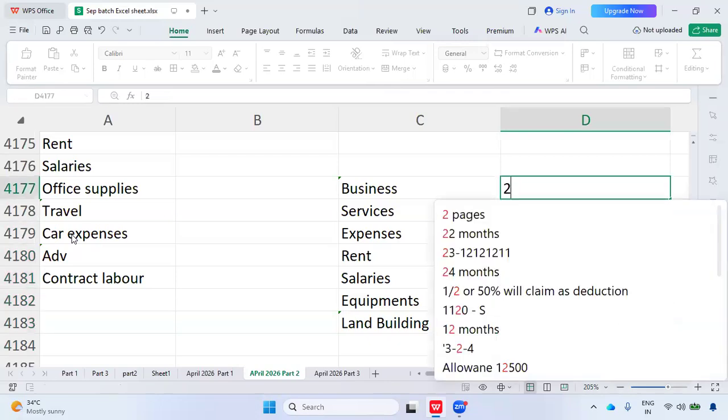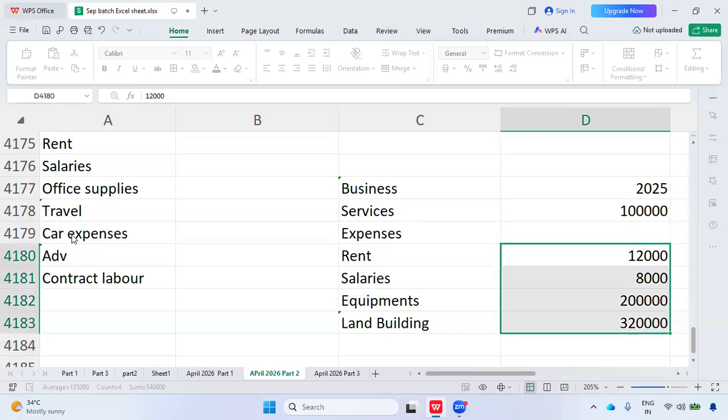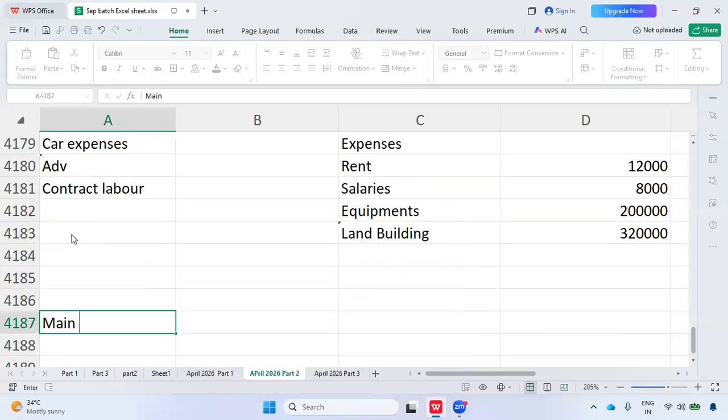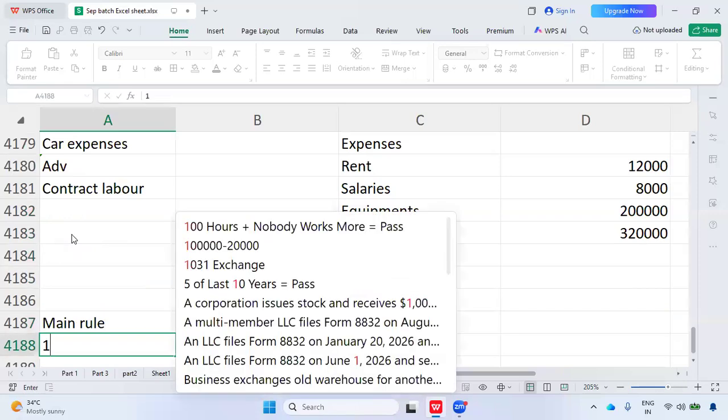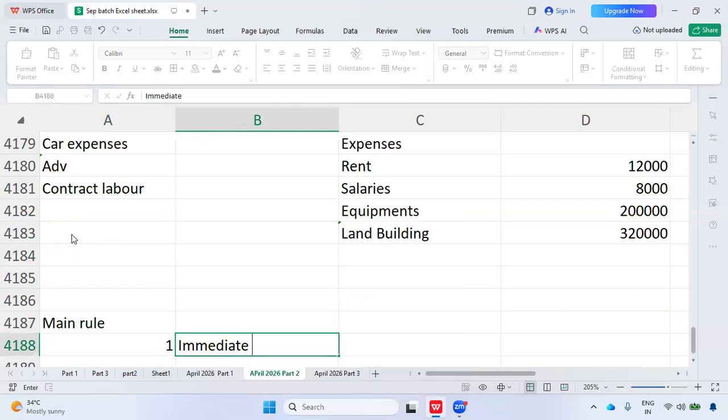Now we are talking about 2025. It is an expense we can claim, but not immediately. A few expenses we cannot claim immediately, and a few expenses we can claim immediately. For that, we need to see the main tax rule. As per the main rule, first we need to see whether it is an immediate deduction.